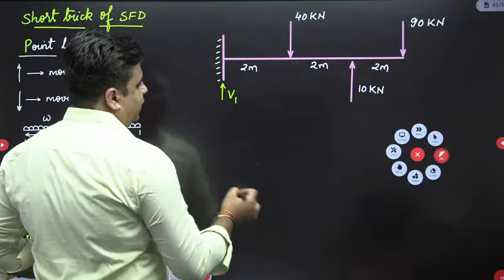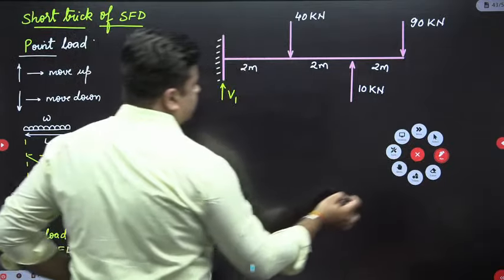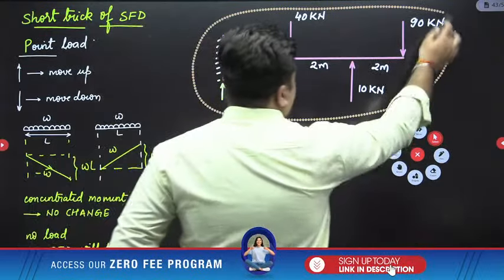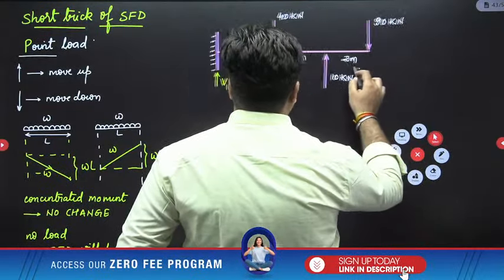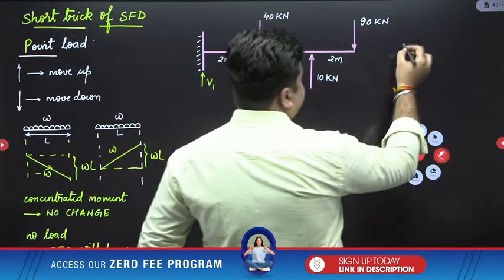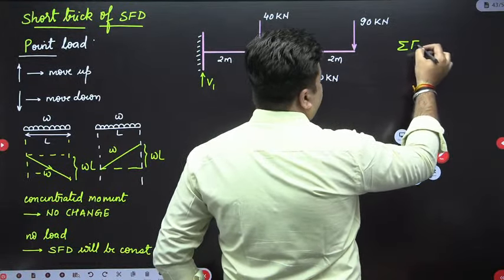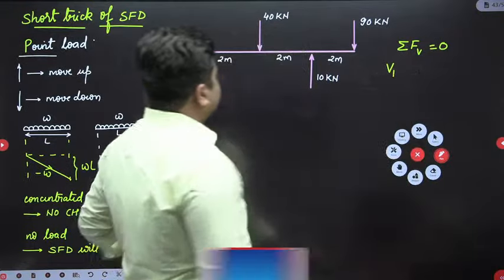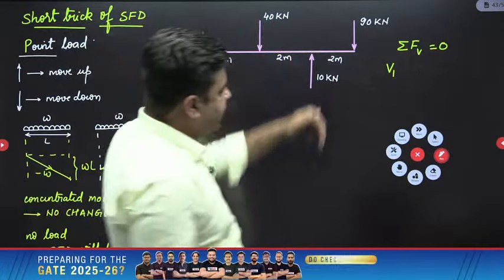For calculating V1, I can simply write down summation of vertical forces equal to 0. V1 is acting upwards, this 40 is downward, 10 is upward, 90 is downward.